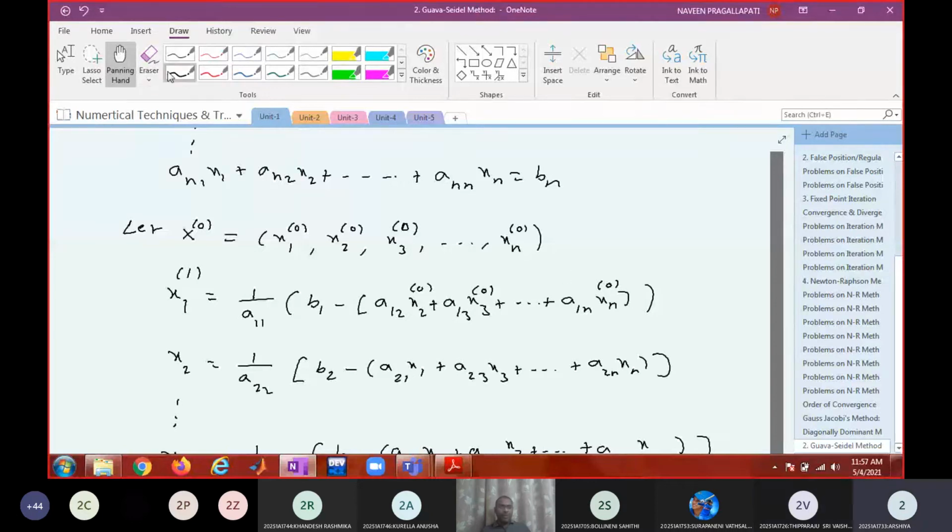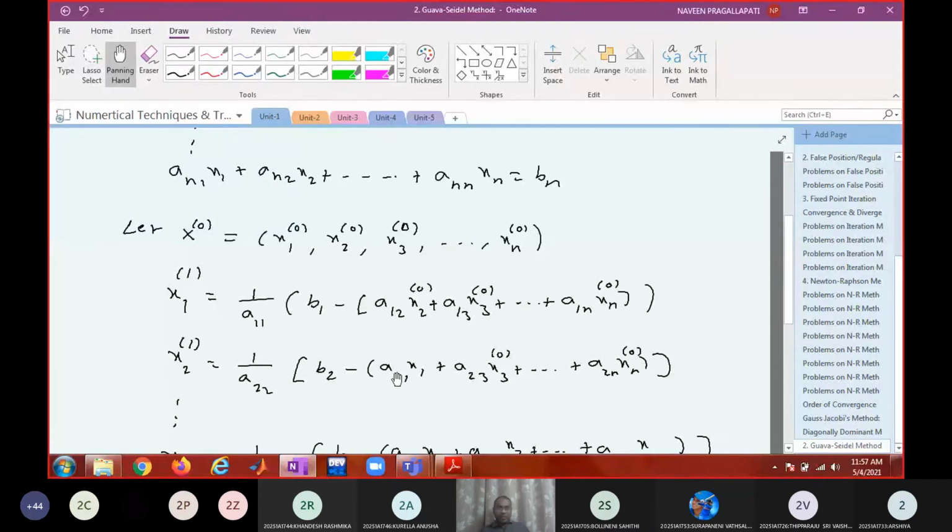Yes. Now I want an updated value, a successive approximation, for the second component. Here for x3 substitute 0, for x4 substitute 0, for xn substitute the initial approximation.